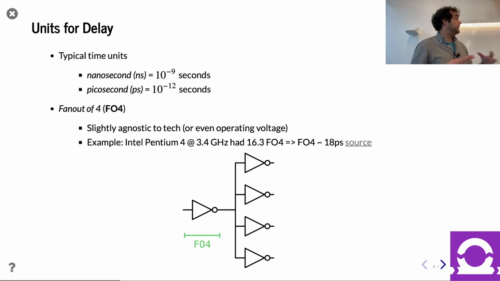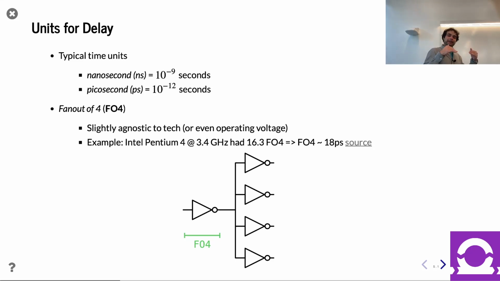And so how do you make that more agnostic? This FO4 metric is basically saying just how many logic levels is your design critical path. And so as a result, you can now have this number to appreciate just how aggressively optimized your design is, right? So that way it is somewhat possible to compare designs, let's say, from 10 years ago to now. Obviously, the frequencies are going to be different. Maybe not as much now with the frequency plateau, let's say 20 years ago.